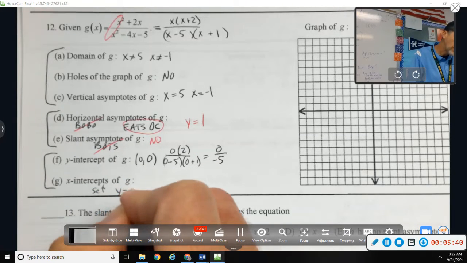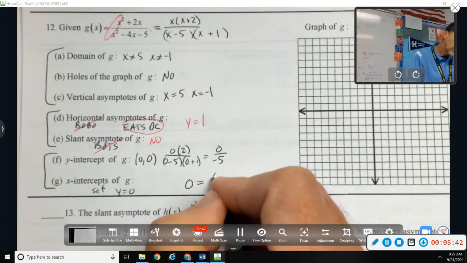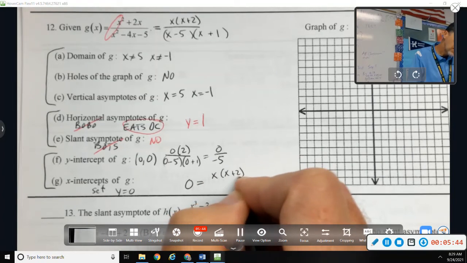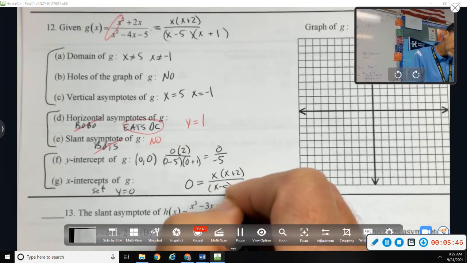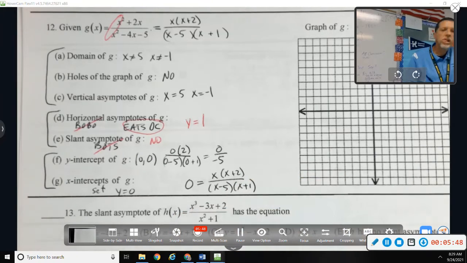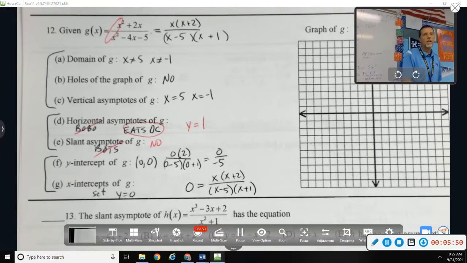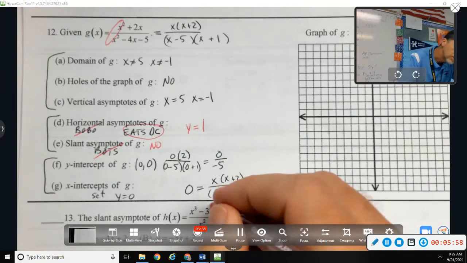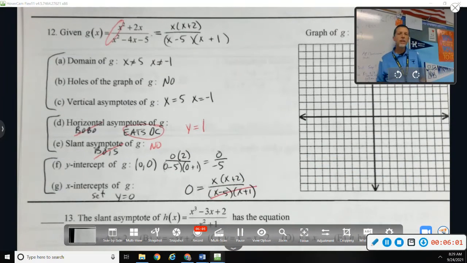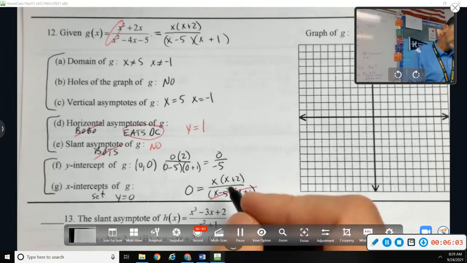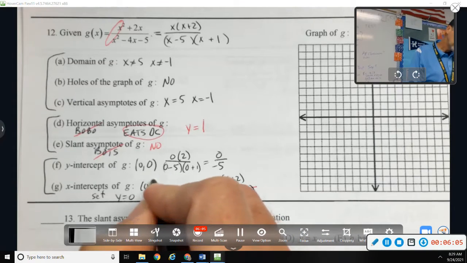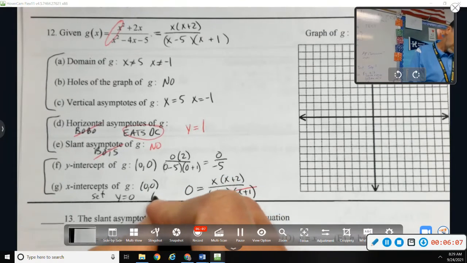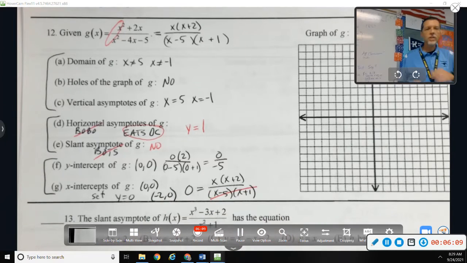X-intercepts, we set y equal to 0. And what makes a fraction equal to 0? The top being 0 or the bottom being 0? The top. So I don't really care about the bottom stuff. So x equals 0 is one of them. And then x equals -2. And -2, 0 is the other one. Right here.